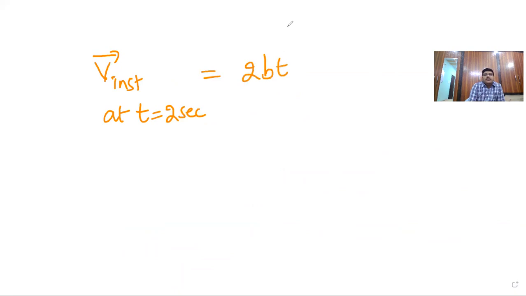Let us take up the second one. V bar, the velocity vector, at time t is equal to 2 seconds, is 2 into b into t. Okay, 2 into b is how much? 2.5, into time. Substitute this value, 2 seconds.